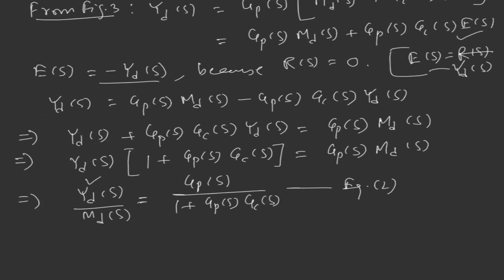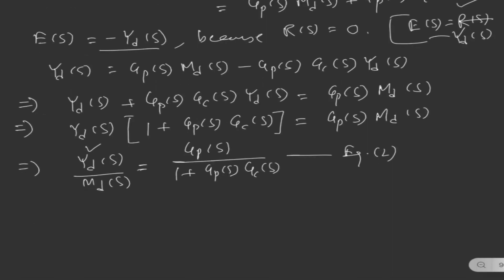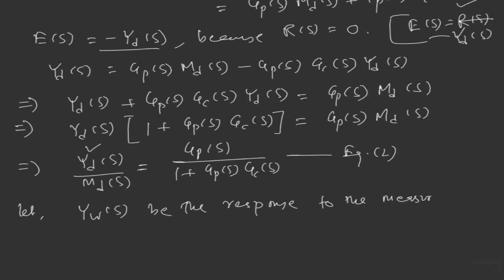Now we'll get the final transfer function with the effect of noise W(s). So let Y_W(s) be the response to the measurement noise W(s).